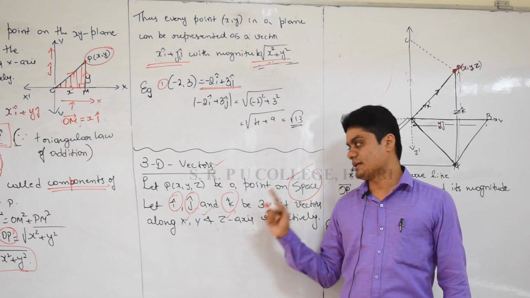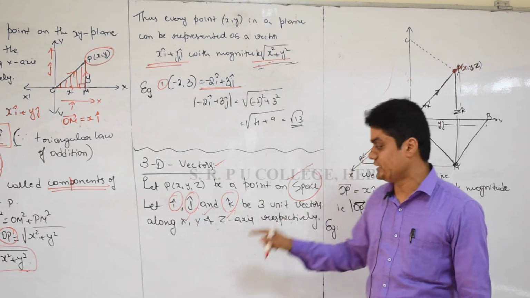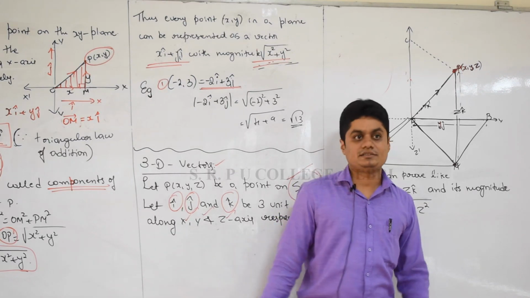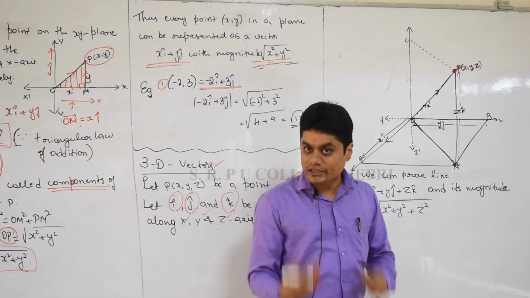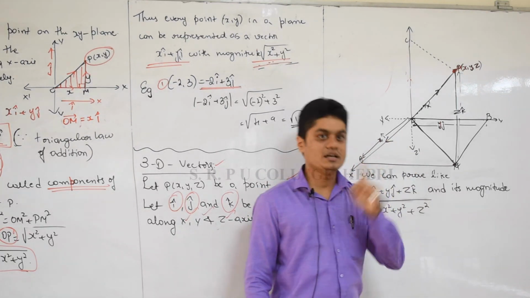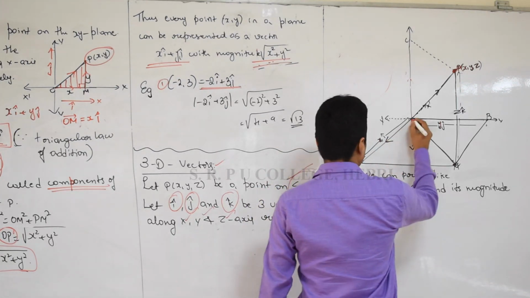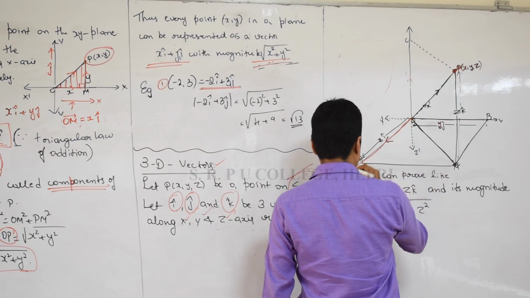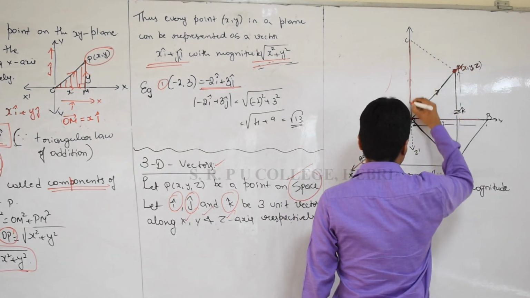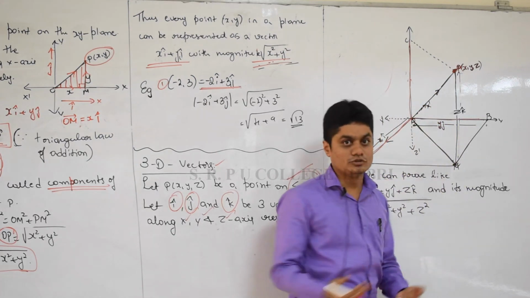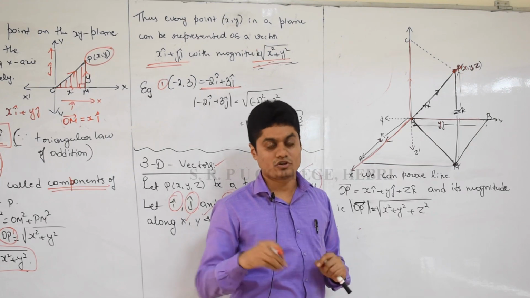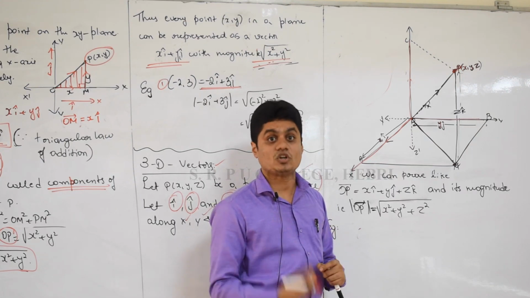Now I am going to explain how to represent a vector in space using this diagram. Observe carefully. First draw 3 mutually perpendicular lines. I hope you know it is not possible in a plane. You can refer to the corner of the room. It will always represent the 3D Cartesian coordinate system.